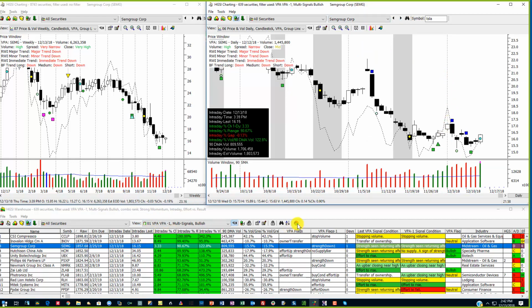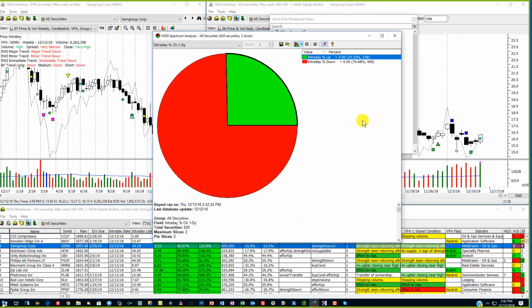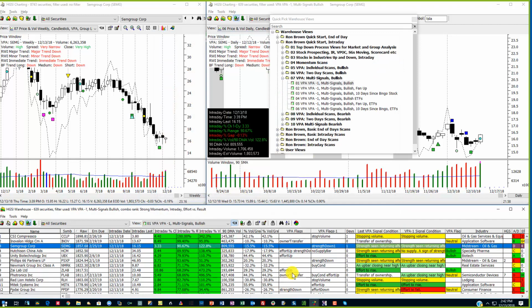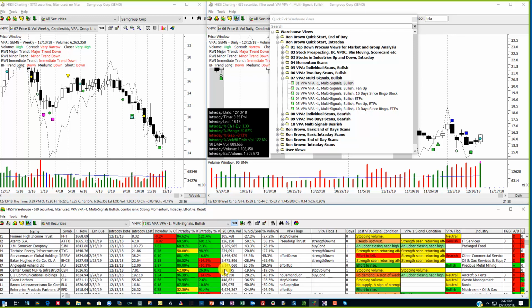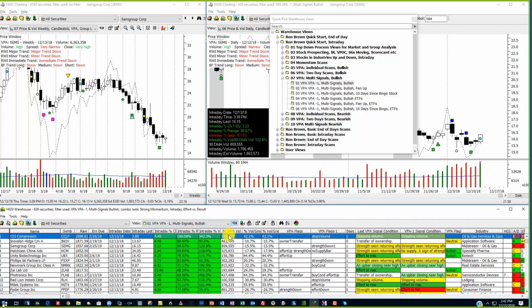So out of this list of stocks, 639, if I bring this up, you can see that 25% are positive today and 75% are negative. But the good ones, based upon the combo, always come to the top of the list. It just saves you a lot of time if you're looking for some potential candidates during the day.